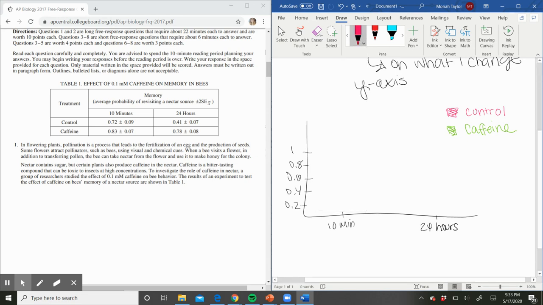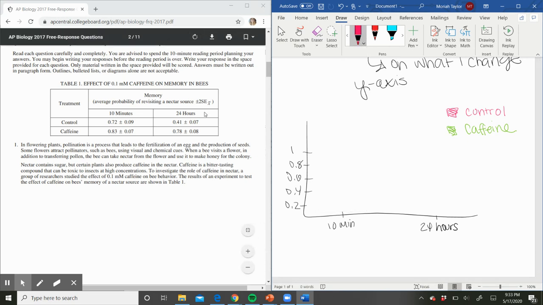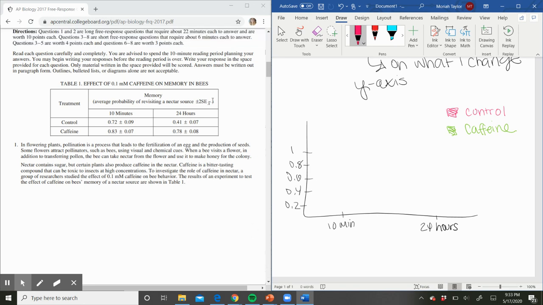So it says 0.72, and then it tells you that this is plus or minus 2 standard errors. Standard errors just means that it's giving you a range of means, because just because you got a mean, say, if I averaged the population's favorite number or something, and I got a mean of 10, that doesn't mean that everybody has the mean of 10.